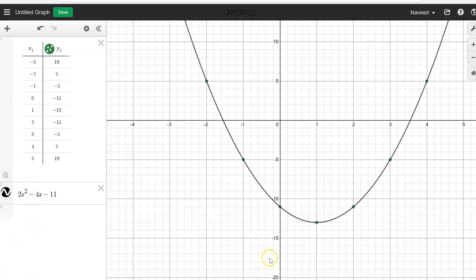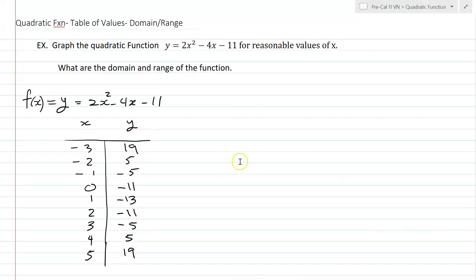All right, now we're going to look at the second part of that question, the domain and range of the function. Now just a quick review.